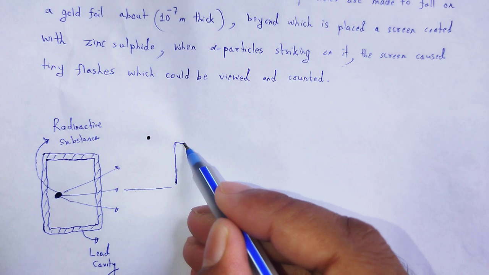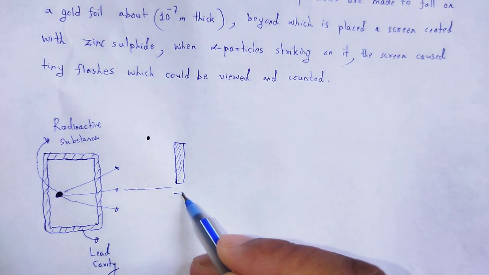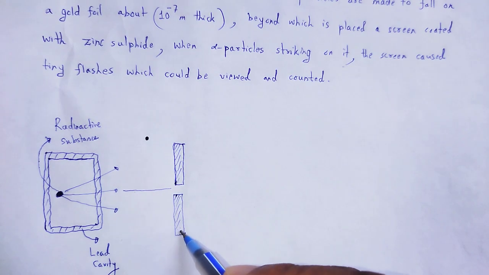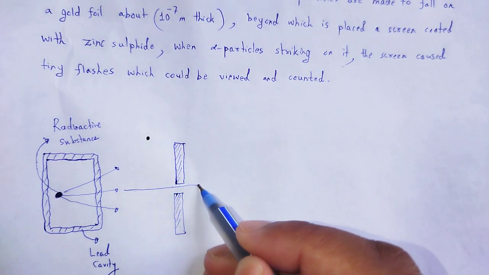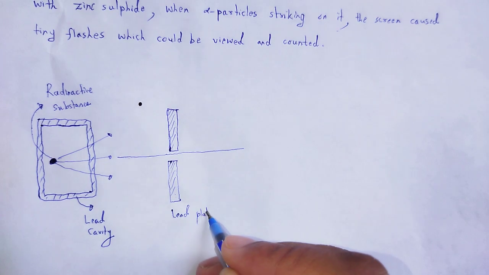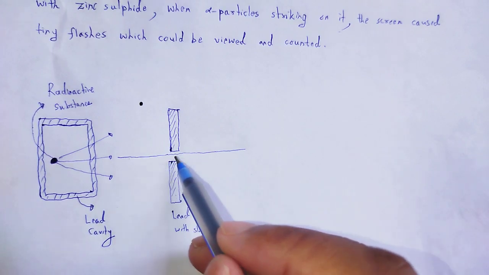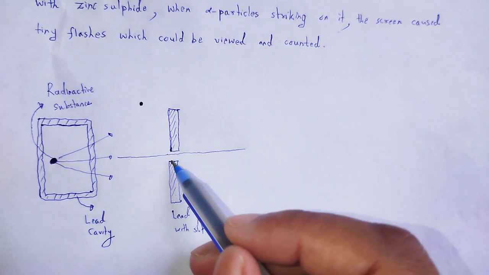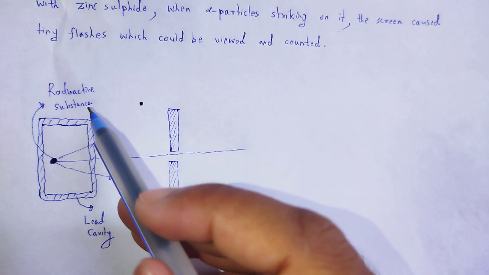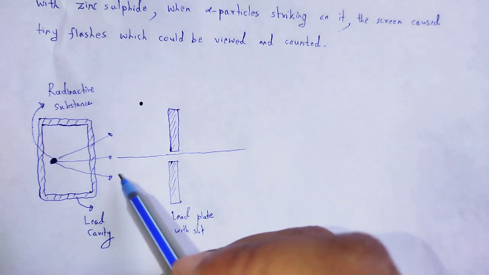That lead plate is designed in such a manner that it collimates the radiation, with a slit. The radioactive substance emits radiations, and that radiation contains alpha particles.